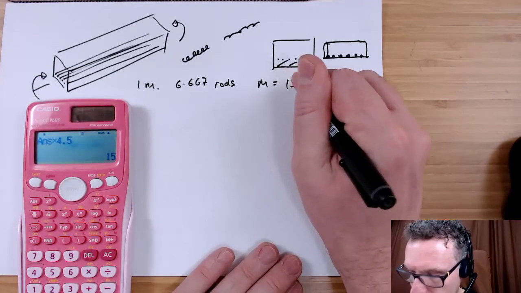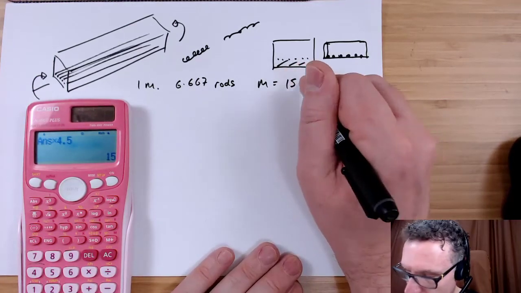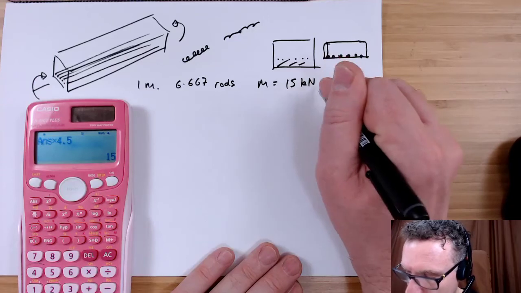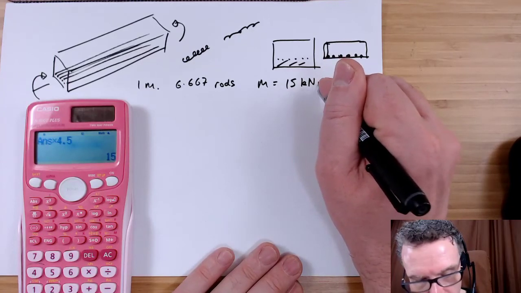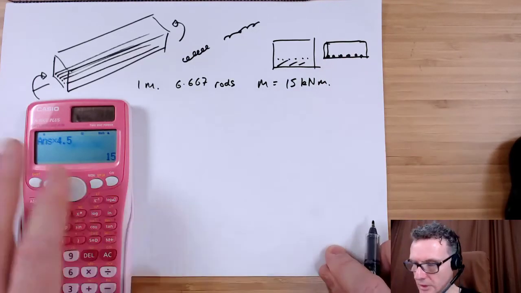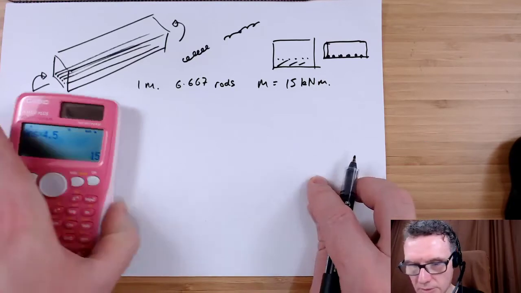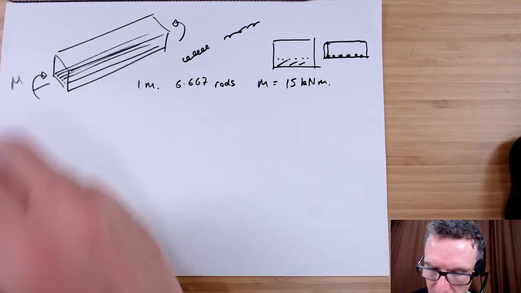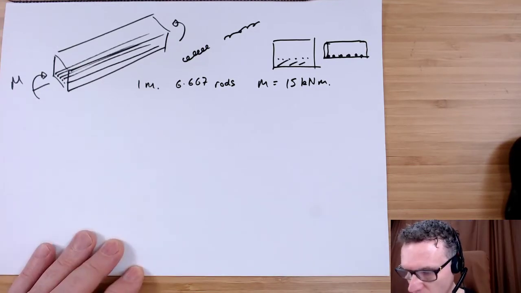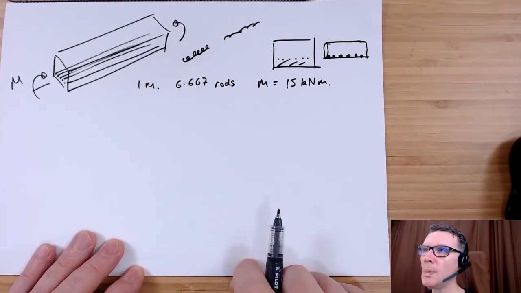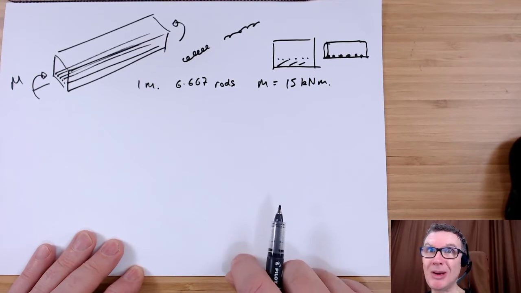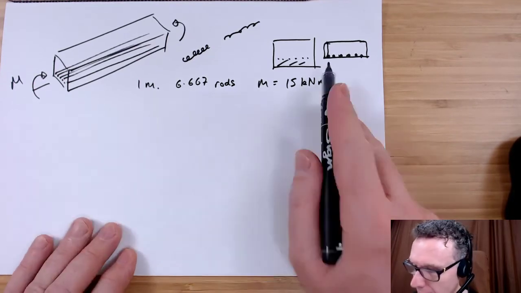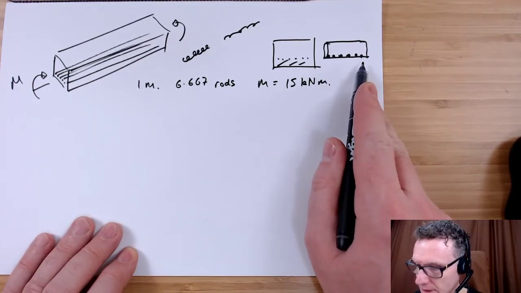So I've got 15 kilonewton meters of bending. That's my M there. Right. So I've done that.